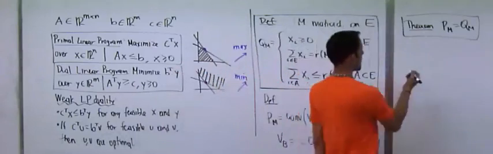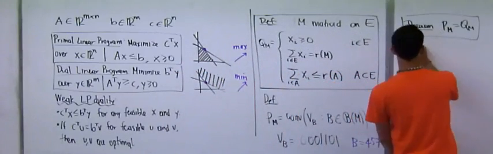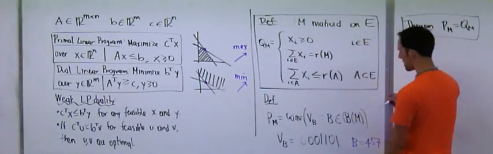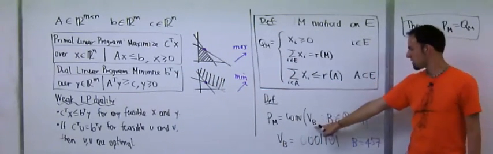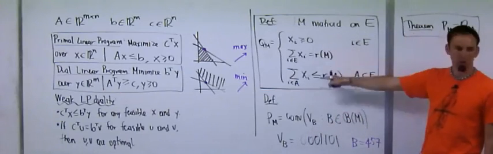And last time we showed one inclusion. We showed that any of these vertices, any vector of this form, satisfies these three inequalities.